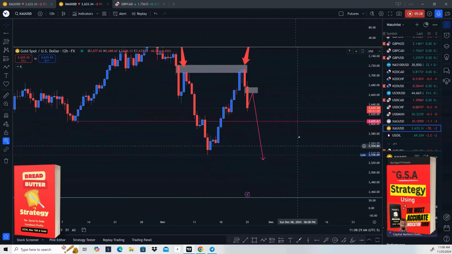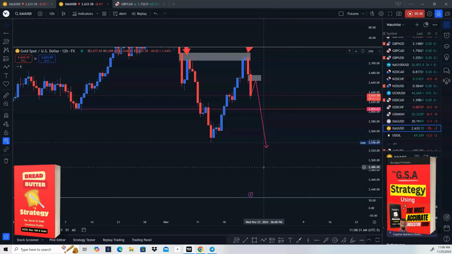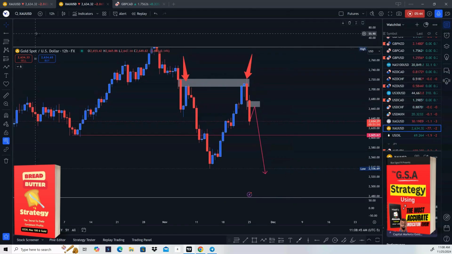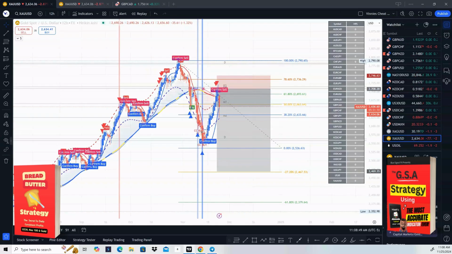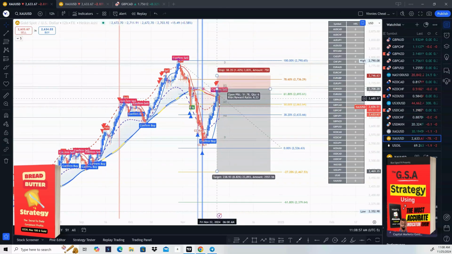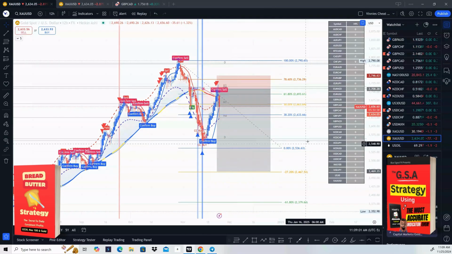So we're looking for gold to get down to about 2480, this area down here, for our official TP for this gold swing trade. And again, this trade is simply working out because I followed the rules of the cheat code, guys. If I turn on the indicator here, you guys are going to see a CC sell and a confirmation sell. So this gives me confidence to continue to sell gold until it reaches our TP area here.